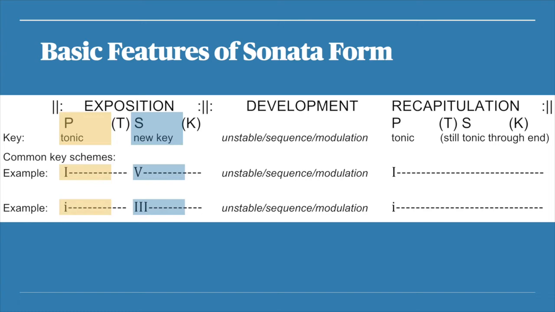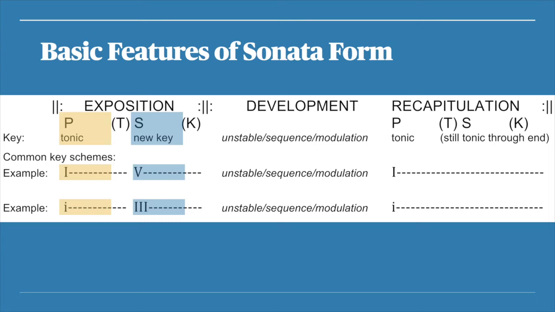Not only do the primary and secondary theme groups have contrast in terms of their harmonic key area, but they also have thematic or melodic contrast, usually of two strikingly different melodic characters. I'm also calling these theme groups because sometimes you can have multiple themes within a primary theme group or multiple themes within a secondary theme group.